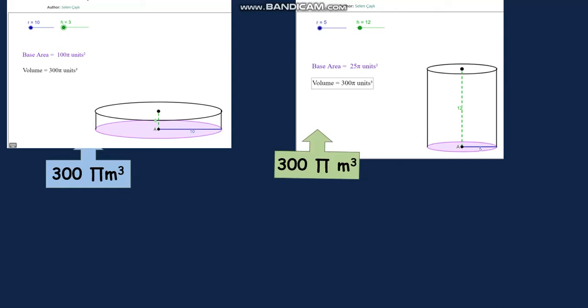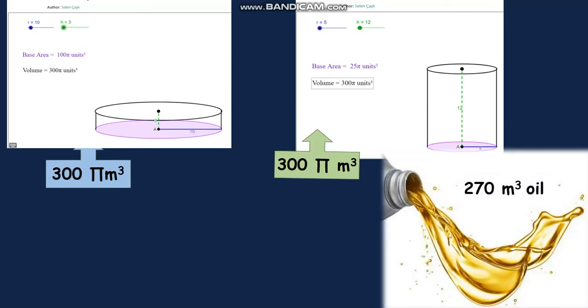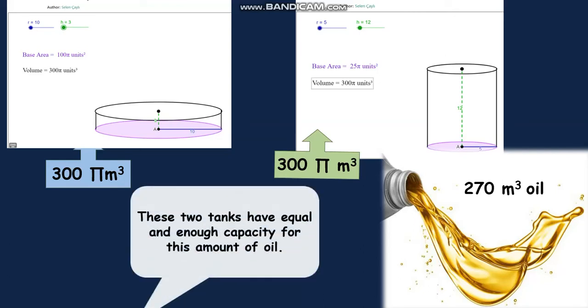The question asked whether these tanks have enough capacity to take the amount of oil, which is 270 cubic meters. As you see, these two tanks have equal and enough capacity for this amount of oil.